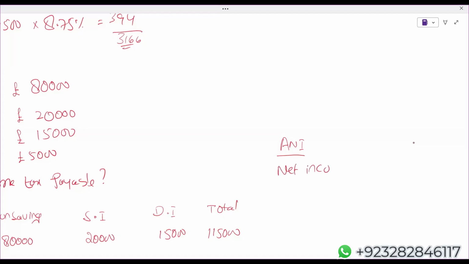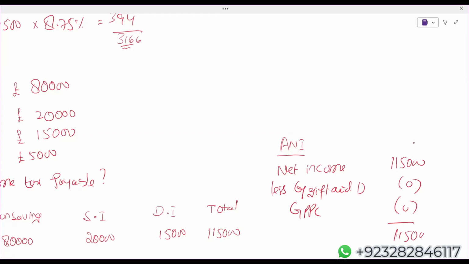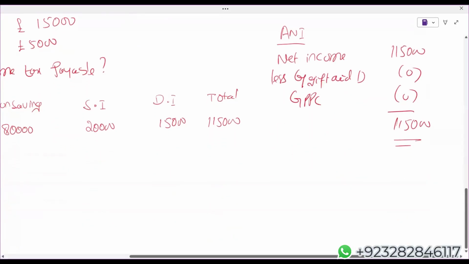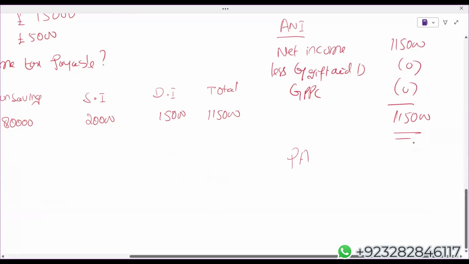Net income is 1,15,000. We deduct gross gift aid donation; we do not have it in this question. We deduct gross PPC; we do not have it. So 1,15,000. It is more than 1 lakh, so obviously personal allowance 12,570 is not available.